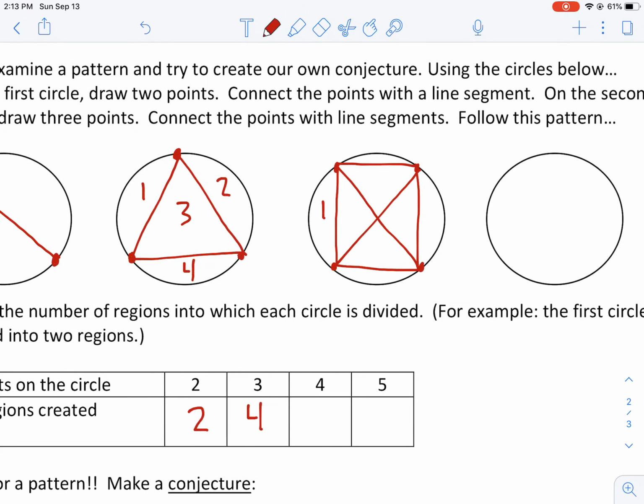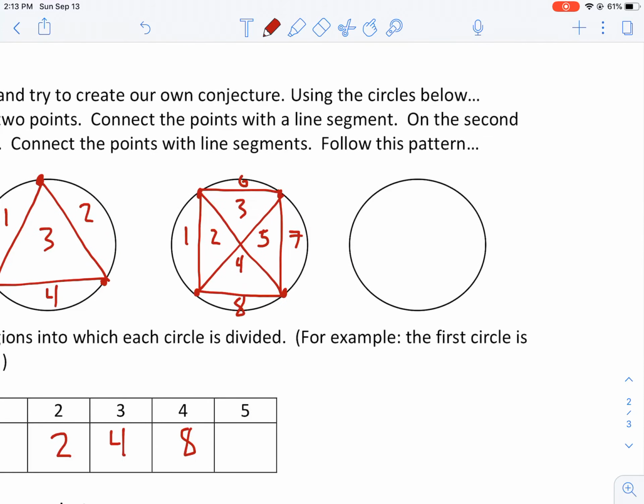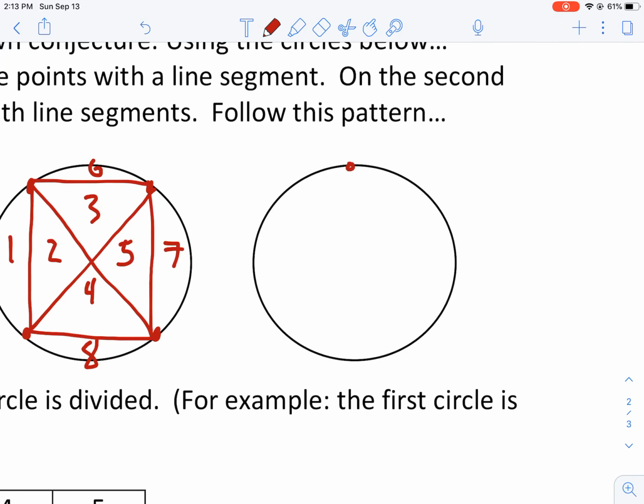The next one we have 1, 2, 3, 4, 5, 6, 7, 8. All right, we have 8 regions, and actually didn't do this circle, so let's do that. So we got 1 point, 2 points, 3 points, 4 points, 5 points.